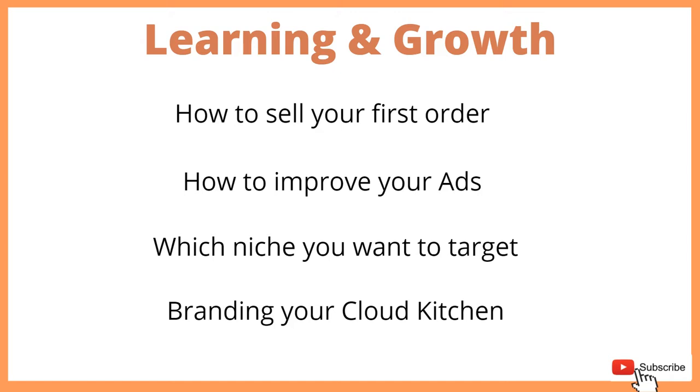With this you're going to improve your sales, and the customers will know more about you. And as I have told you before, you have to target a niche. For example, if you're going to focus on gourmet cuisine, or Mexican, or Peruvian, or European cuisine, you have to select a niche and work with it.